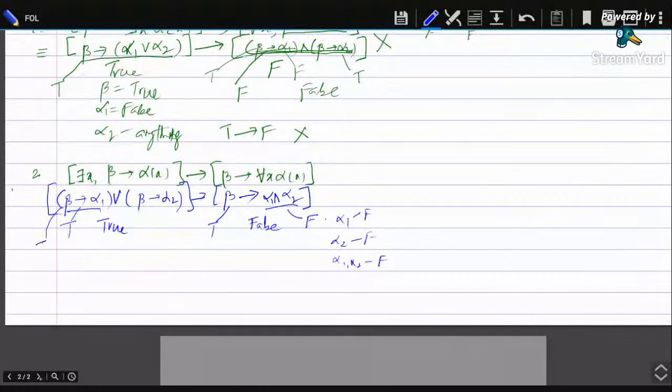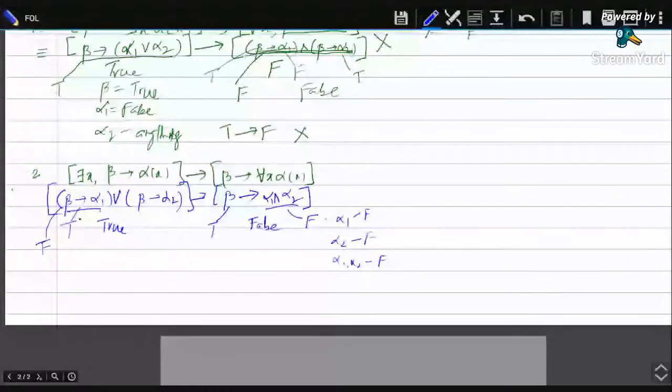The simplest way of making this inference true is to make the left hand side false, then irrespective of what is there on the right hand side, the inference will become true.